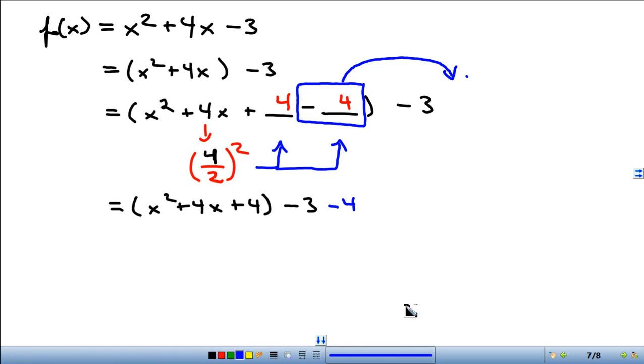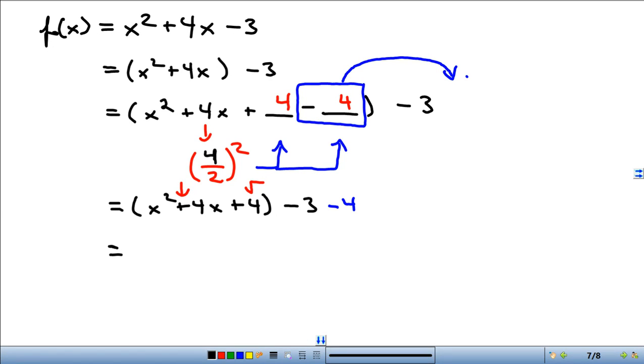Minus 3 minus 4, you should be able to figure what that is, and I'll put it in a moment. But let's just focus right here at this parentheses. I'm going to take the square root of the last term, and I'm going to take the sign of the middle term.